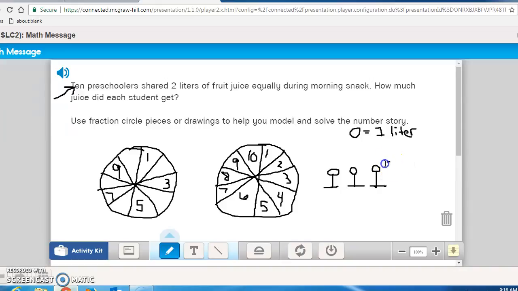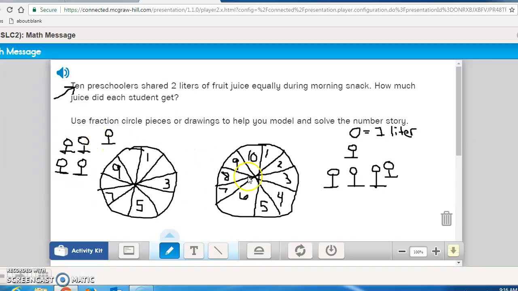So this 2 liter is shared by those 5 students, and this 2 liter is shared by these 5 students. Whenever you come across a word problem, it is wise and very much encouraged to draw out what it's asking you, because then you for sure know exactly what you're doing.